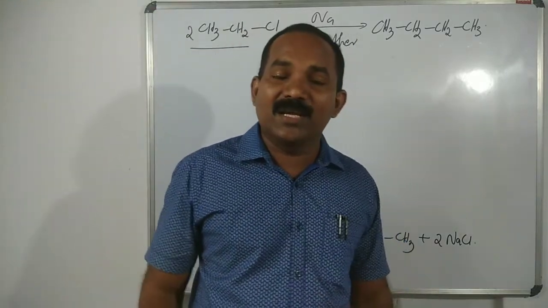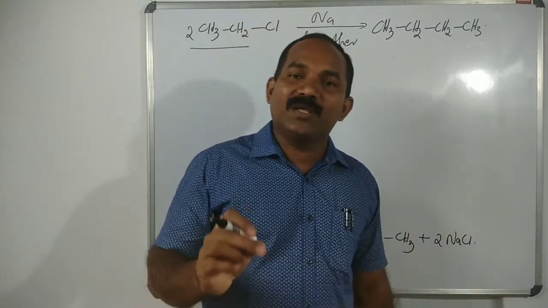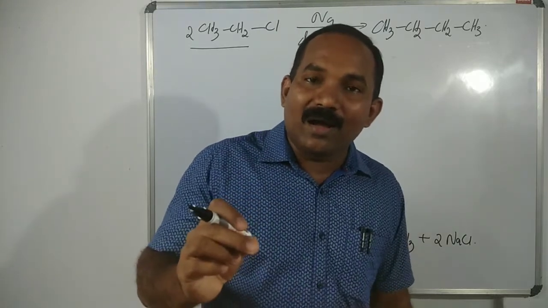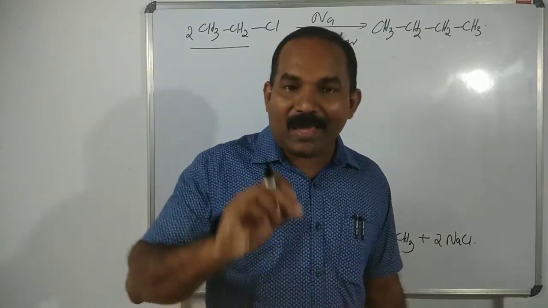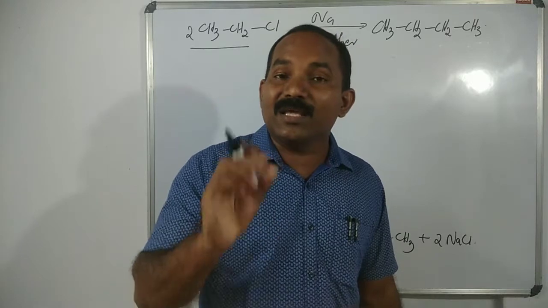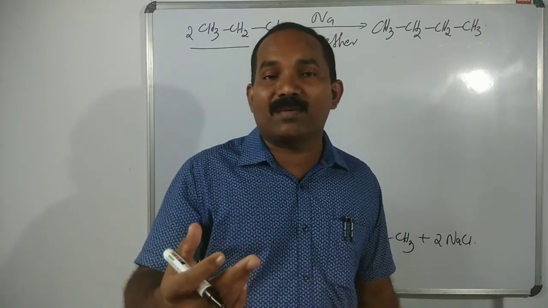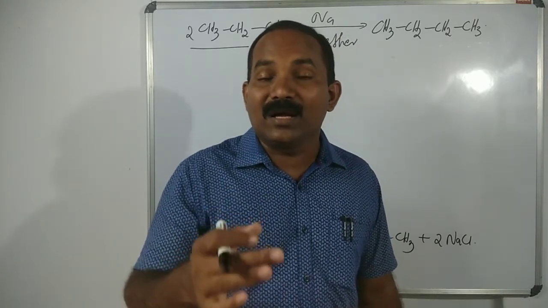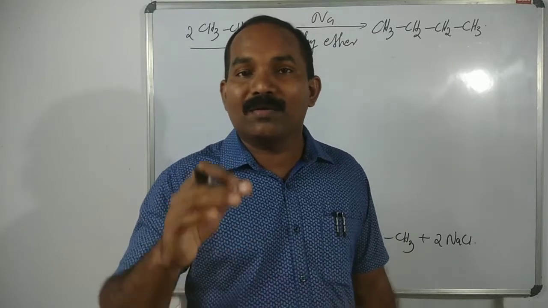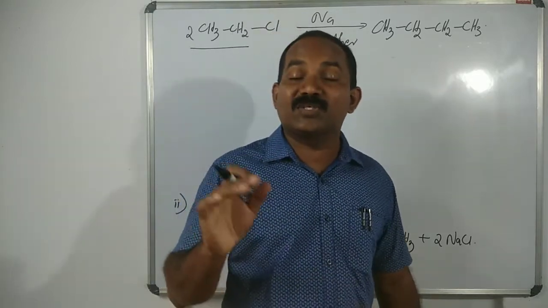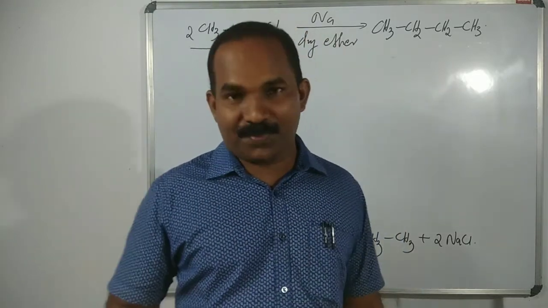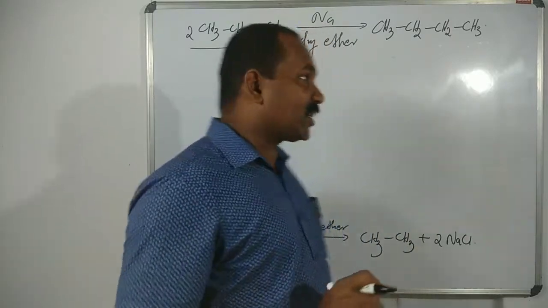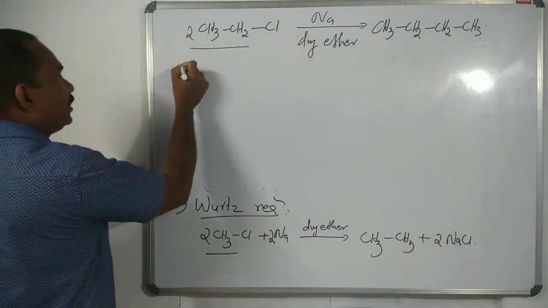Remember that the number of carbon atoms in the final product is twice the number of carbon atoms present in the alkyl group of the starting molecule. And here is a conclusion: we cannot prepare methane.